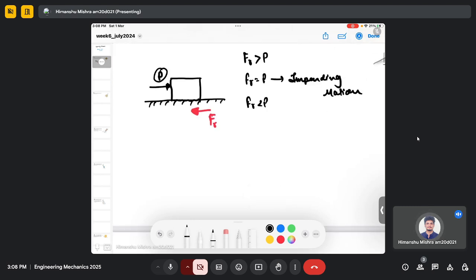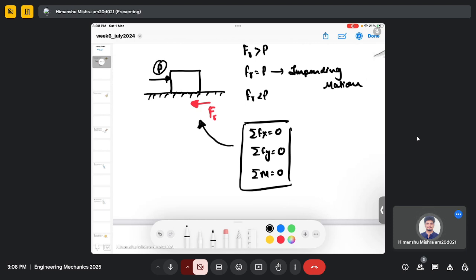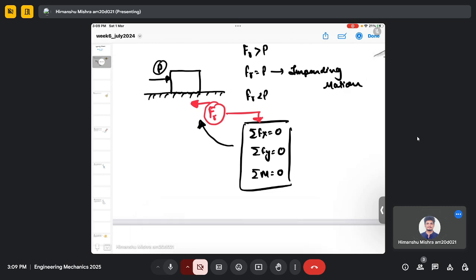Then using the equilibrium equations, where the forces in x and y, or horizontal and vertical direction, equal 0 and the summation of moments equals 0, we are going to solve such cases where the complete system can be described not only by external forces or reaction forces, but also by these friction forces. So for today's tutorial class, we are going to solve the problems using the equilibrium equations, where we include the effect of friction forces into the dynamics.